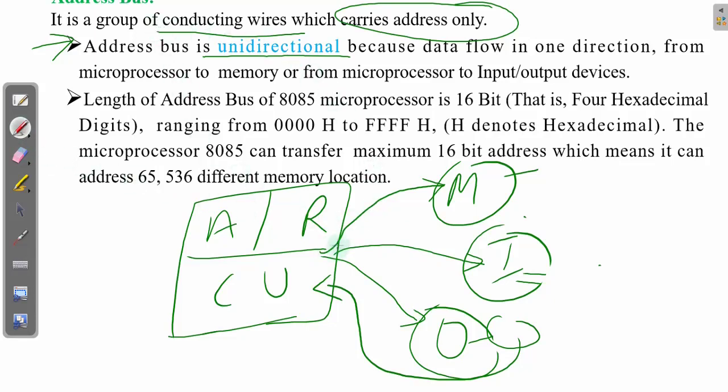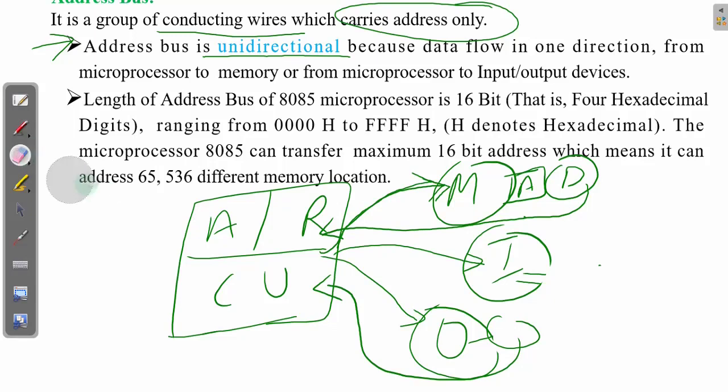It is a unidirectional bus which always points from the processor to the outside, so that it can point to a specific address, and at that address you will find data, and with the help of the data bus I can bring that data. Now it is clear? These two terms, address bus and data bus, are clear? I hope so.